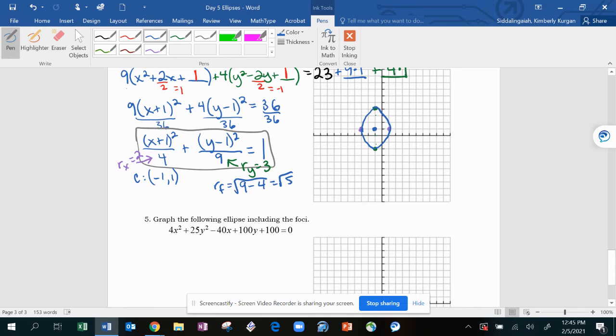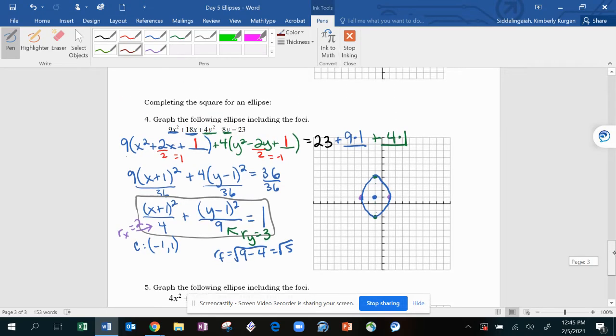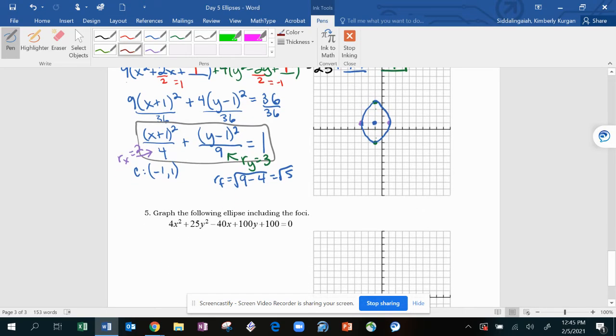Now, the square root of 5 is a little bit bigger than 2, because I know the square root of 4 is 2. So let me see, does it say to state the foci? No, just graph. Cool. So I'm going to go 1, 2, and then just a little bit past that, there is a focus. I'm going to go 1, 2, a little bit past that, and there is a focus.